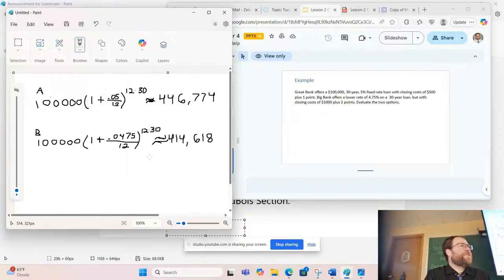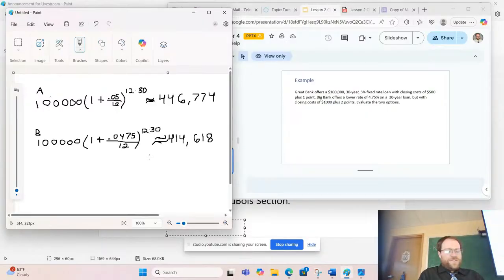Getting different numbers. Okay. Now, if you do the parentheses first, so 0.05 divided by 12, then plus the 1, then raised to the 12 times 30, which would be 360, right?